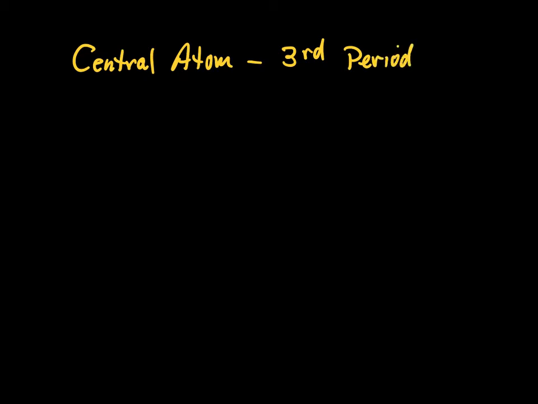Okay, so in order to have these, one thing we know is that the central atom must be in the third period or lower. That is, the N for its valence electrons has to be 3 or greater.